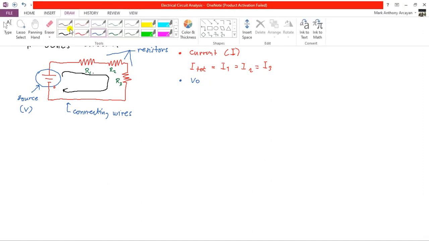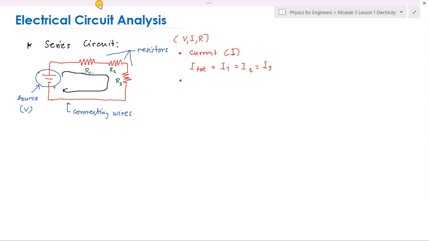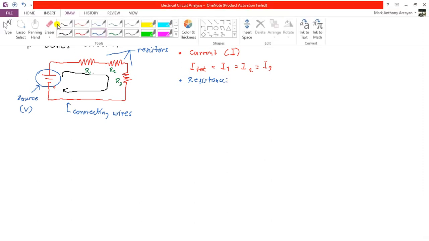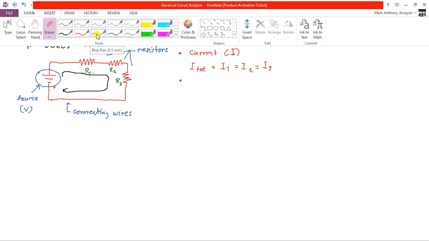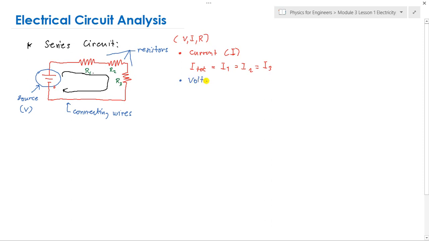Next, we have voltage. Okay, the total voltage, V total, is equal to the total current I total times the total resistance R total.